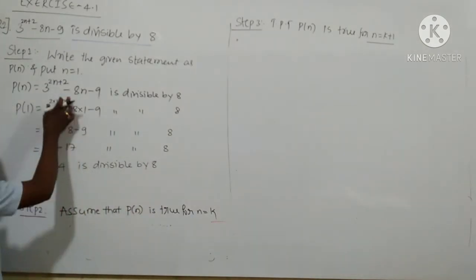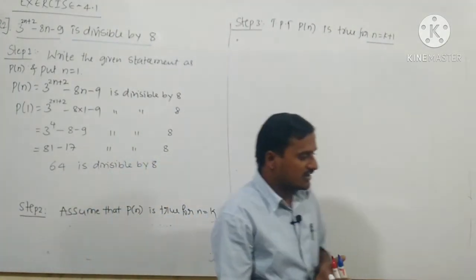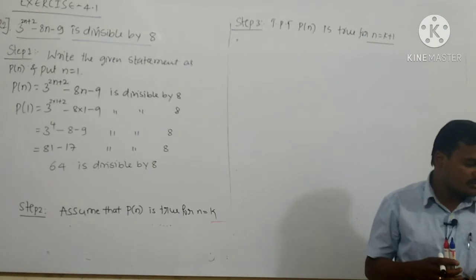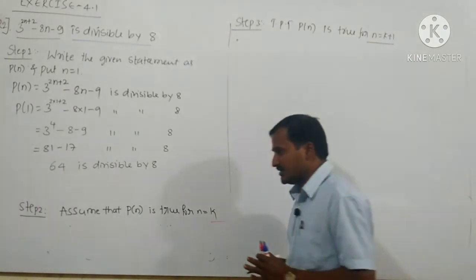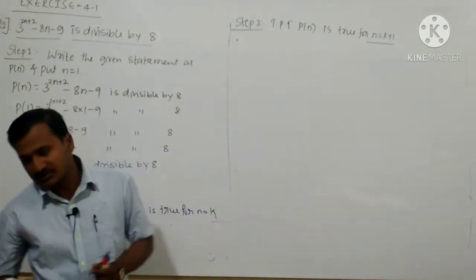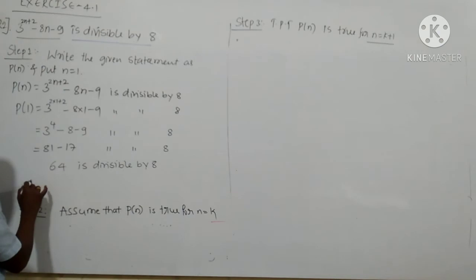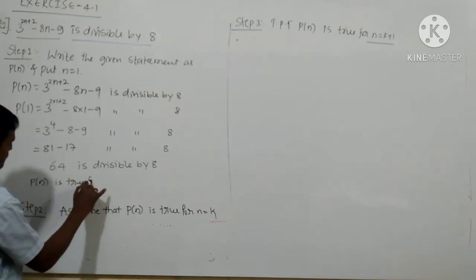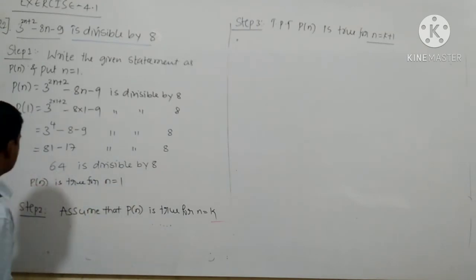After replacing the value of n by 1, you are getting 64, and 64 is divisible by 8. So therefore you have to write p of n is true for n is equal to 1. So therefore step 1 is over.